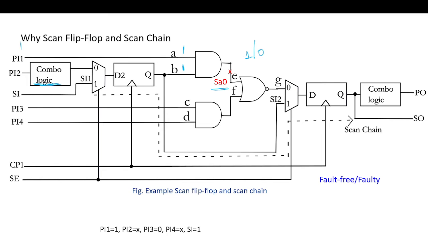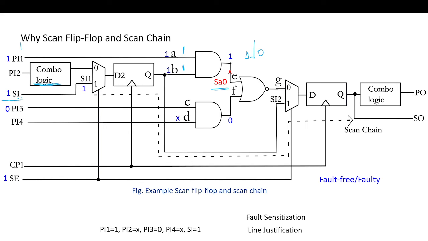Now I can use the scan path. So this one is called fault sensitization, and coming back till the primary input, we call it line justification.